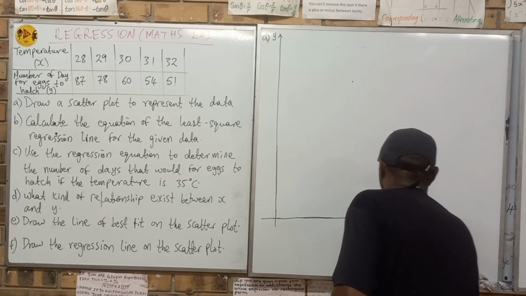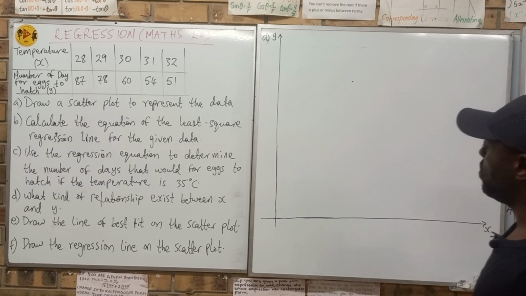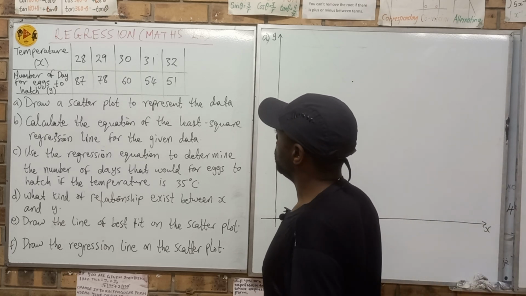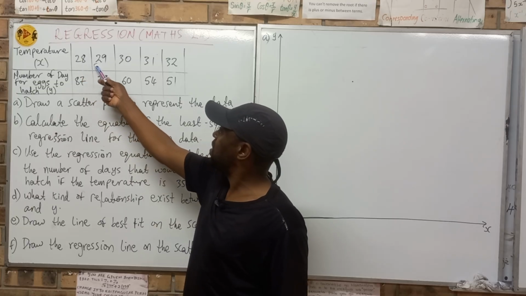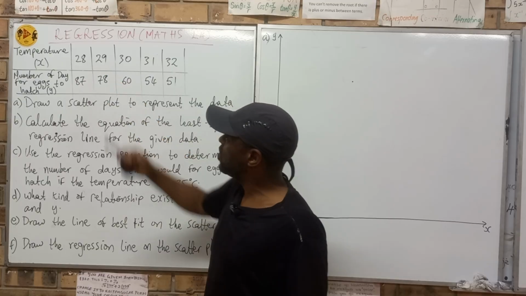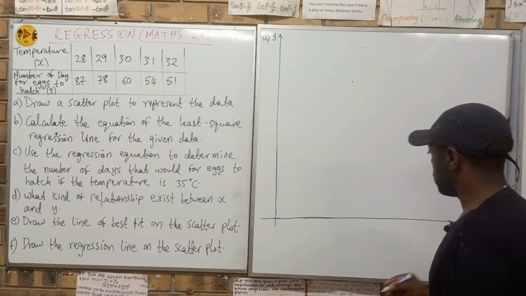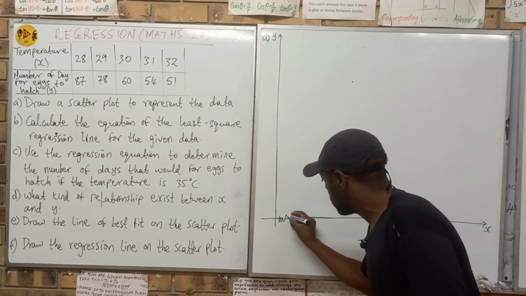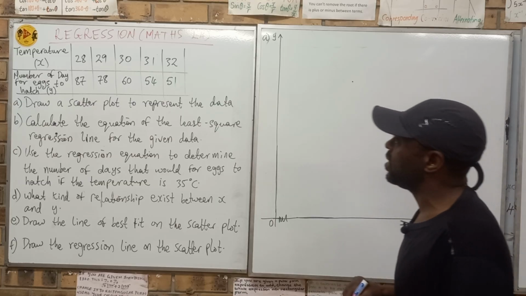So how do you put a scale on your graph page? I start by studying my x values. If you look at your x values, they range from 28 to 32. So that therefore means from 0 to 28, you really don't need those numbers. So if I go to the x-axis, I can put this mark there to show that I'm squeezing my page between 0 to 28.